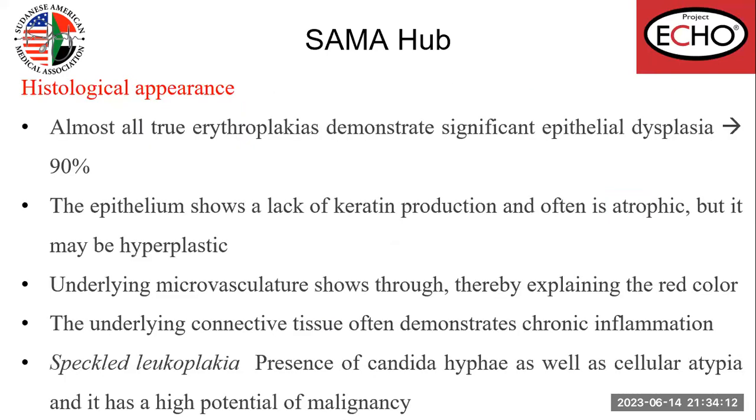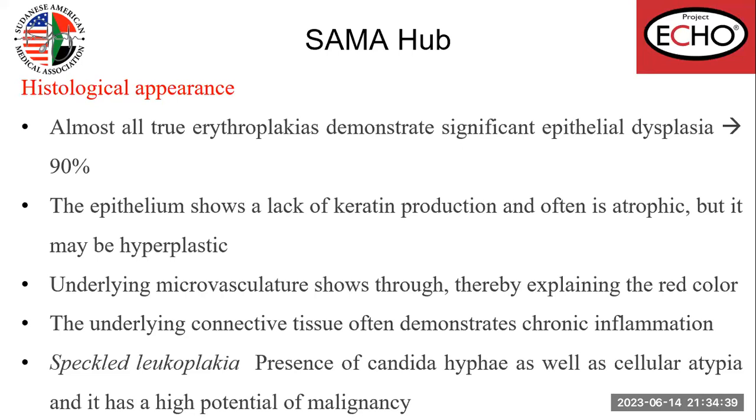So almost all true erythroplakias demonstrate significant epithelial dysplasia. 90% of the cases of erythroplakia have severe dysplasia, which is not a good thing. The epithelium shows a lack of keratin production, as we mentioned, due to the atrophy or immaturity of epithelial cells.